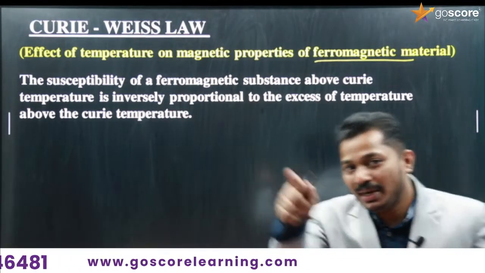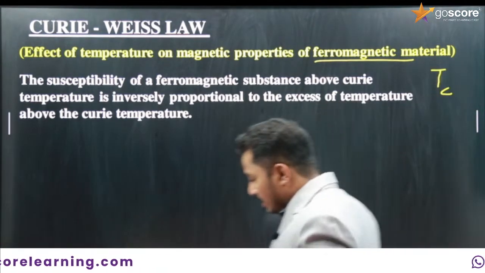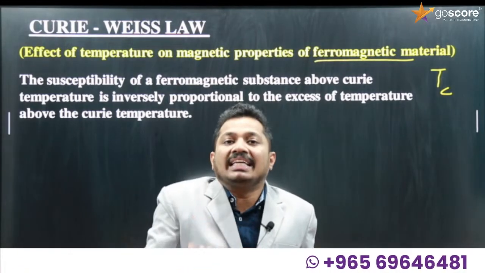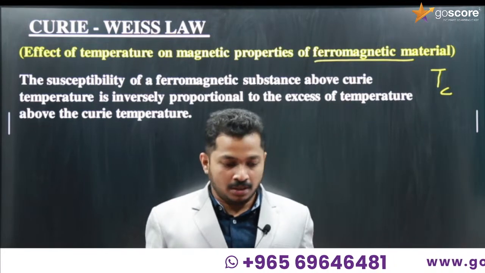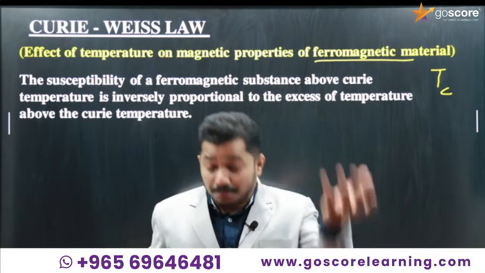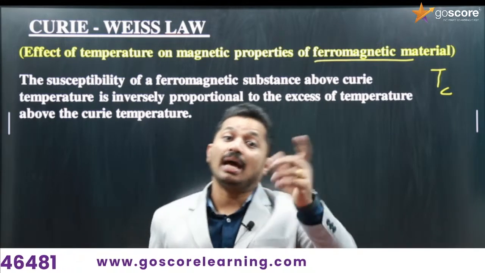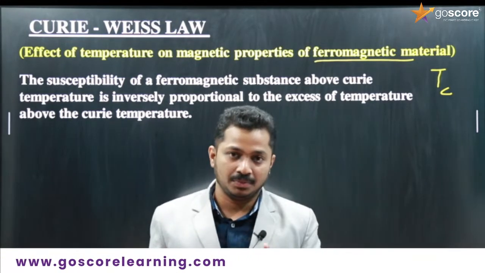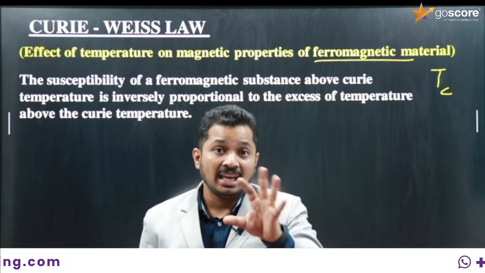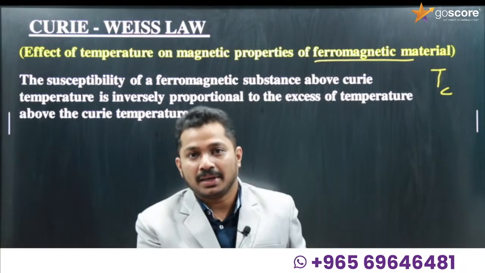So what is meant by Curie temperature? Curie temperature is denoted by the letter Tc, T subscript C. Curie temperature means when we heat up a ferromagnetic material to a high temperature, it will turn into a paramagnetic material.